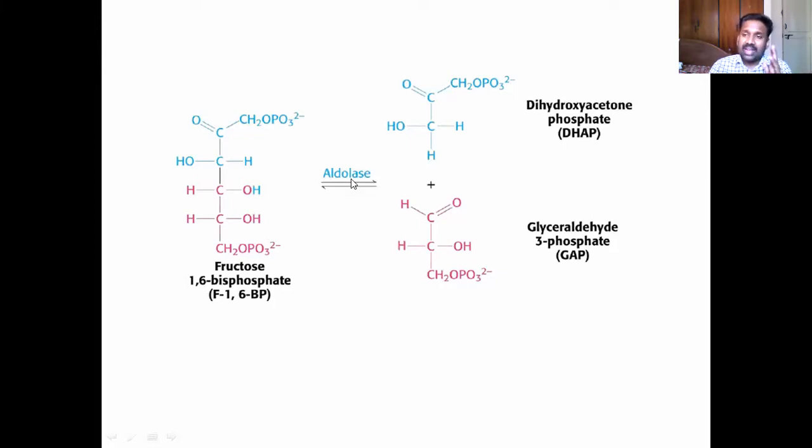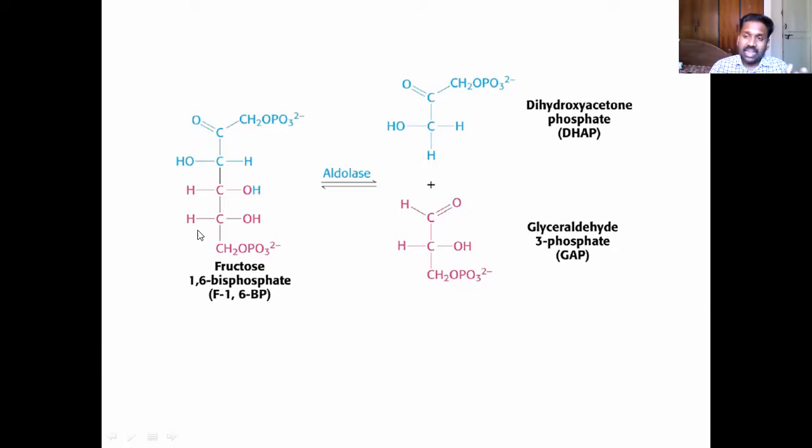Why is the name aldolase given to this enzyme? Because the reaction of breakage is a reverse aldol condensation. I told you, whenever there is a reversible arrow in a reaction, the opposite direction is also possible. So these 2 smaller sugars can combine and give rise to fructose again.